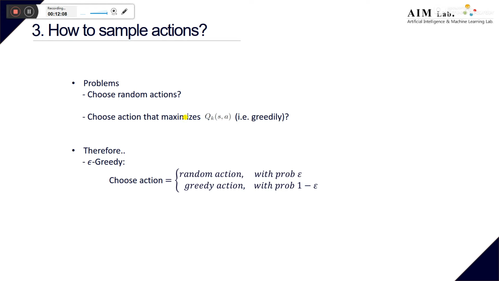And if we only exploit, meaning greedy action, we cannot get information of the new world. So we use the epsilon-greedy method: choose a random action with probability epsilon, and choose the greedy action with probability 1 minus epsilon. Epsilon becomes smaller as steps go by.